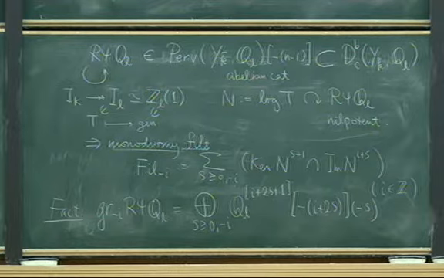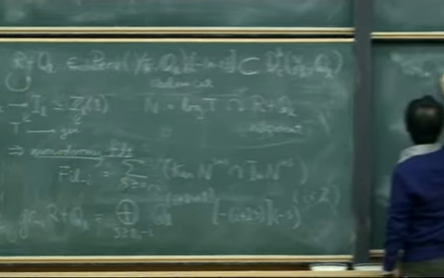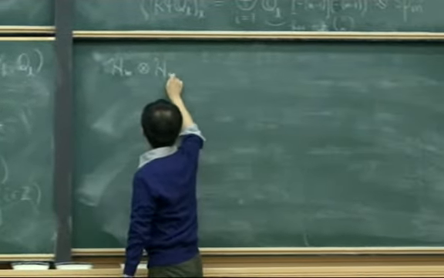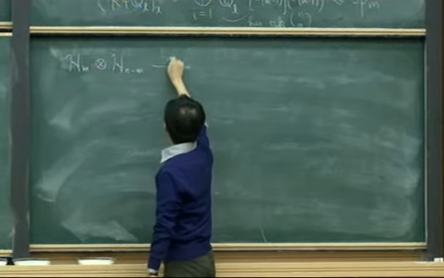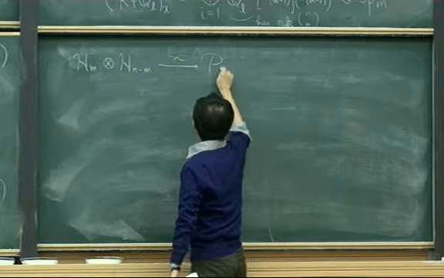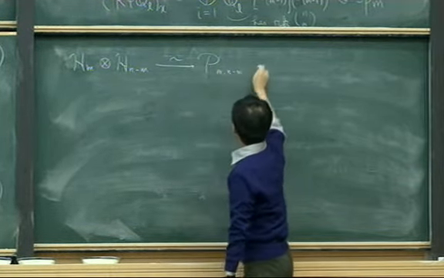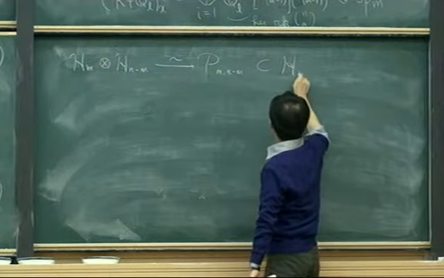Now the second presentation tells us that Hm tensor Hn minus m will map into what I call a parabolic subalgebra.